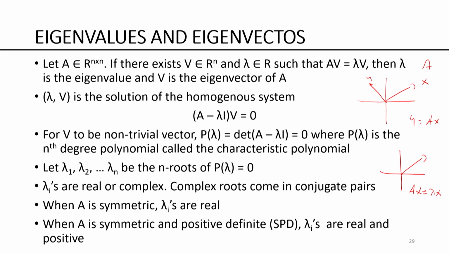So if that is the case, Av is equal to lambda v. So if I bring it here, this is Av minus lambda Iv is equal to 0. Everybody please. It becomes a homogeneous equation. Now we have already seen a homogeneous system has a non-null solution only when it is singular. You remember 2 slides ago.